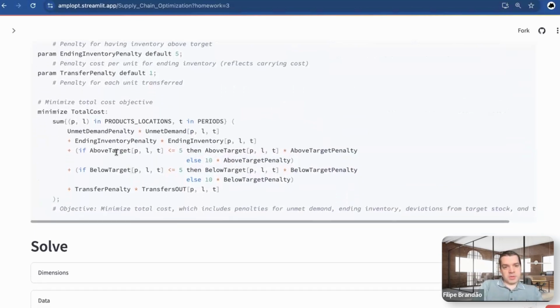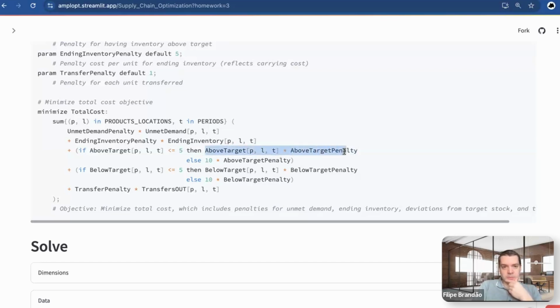Instead of having just a penalty times above target or a penalty times below target, now we can have, if the above target is less than 5, just the amount above target times the penalty.